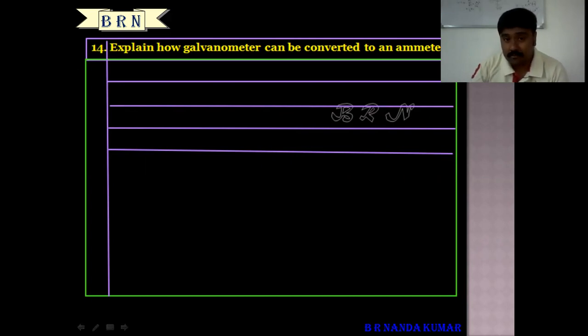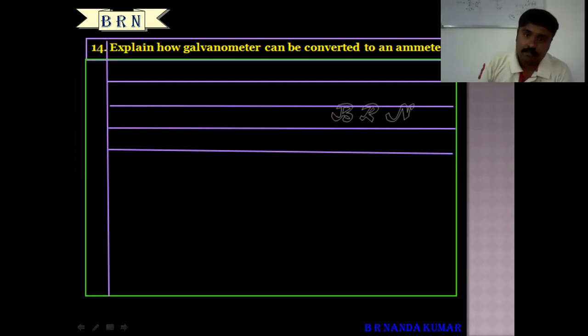So how do you convert a galvanometer into a voltmeter? By connecting a very high resistance in series with the galvanometer. How do you convert a galvanometer into an ammeter? By connecting a very small resistance, called a shunt, in parallel with the galvanometer.